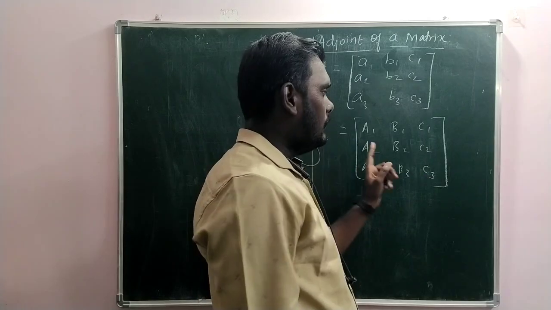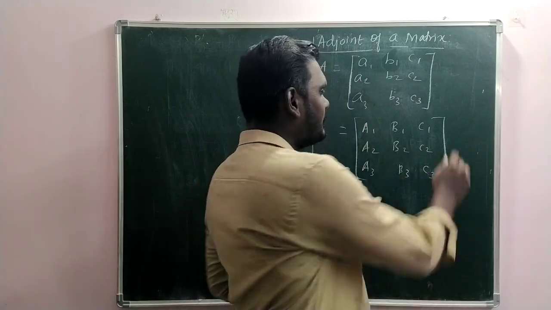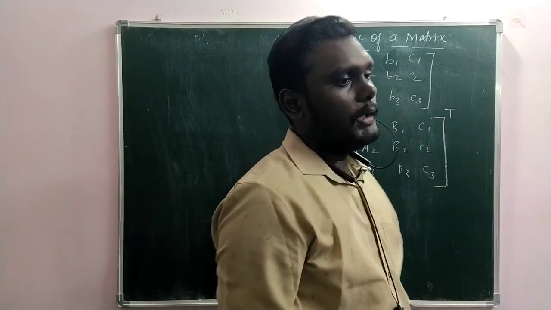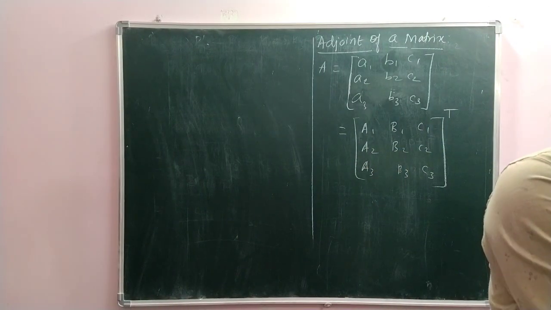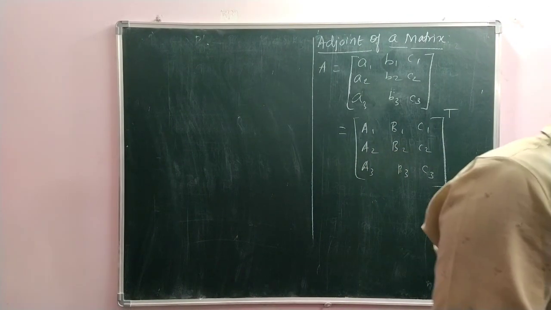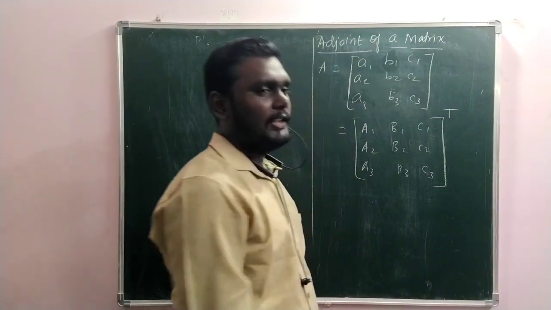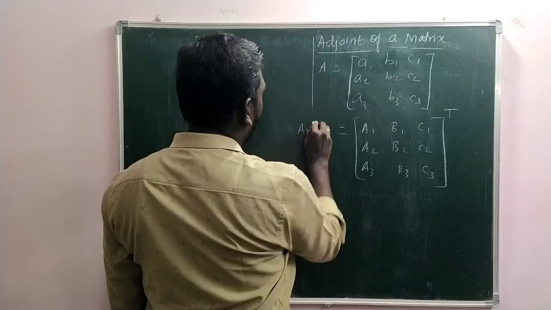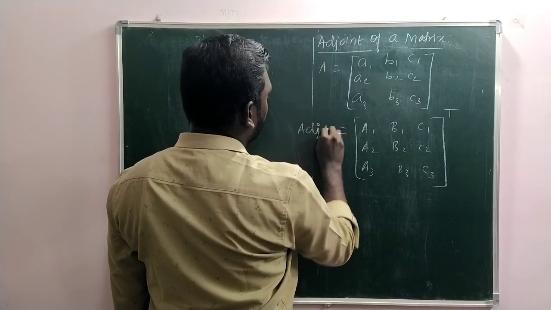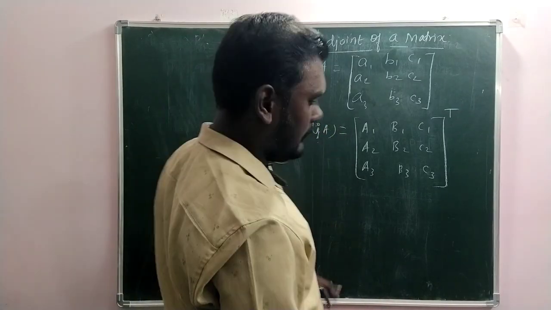So, if you take the transpose of this matrix, that is called the adjoint of a matrix. Simple. For the cofactor matrix, you take the transpose. That is the adjoint of a matrix.